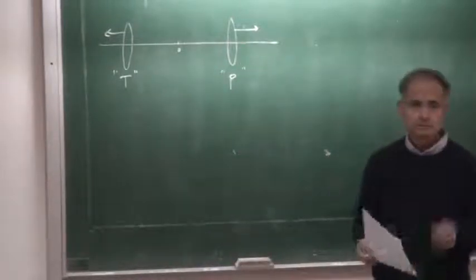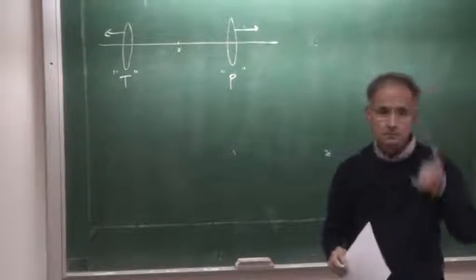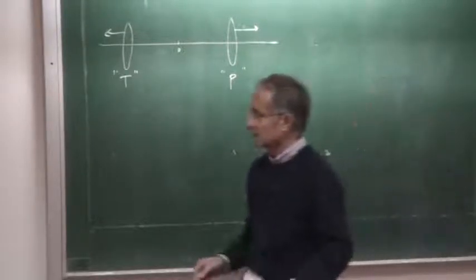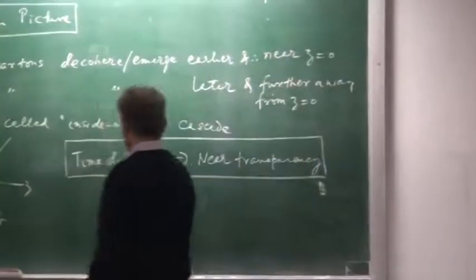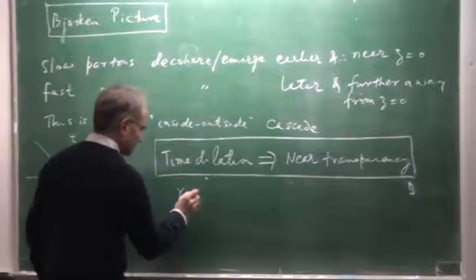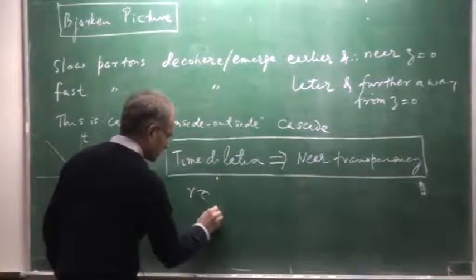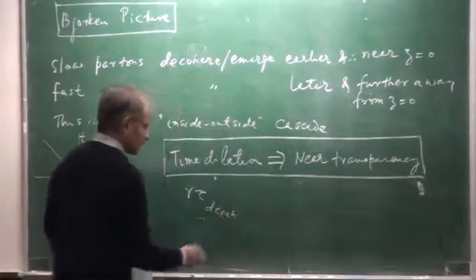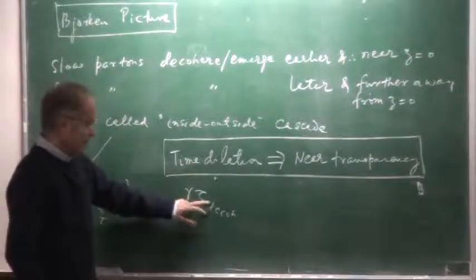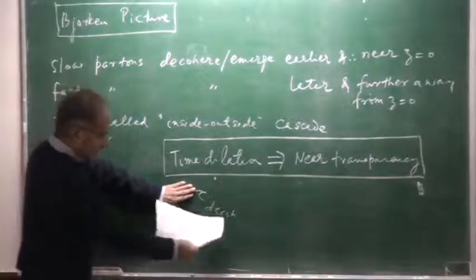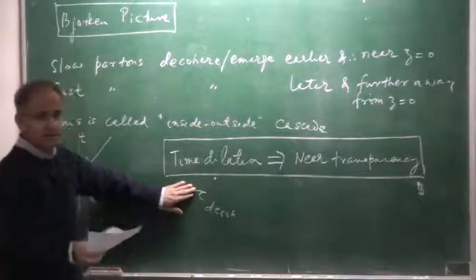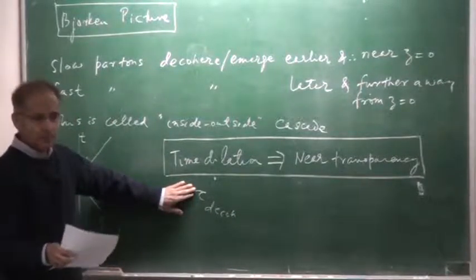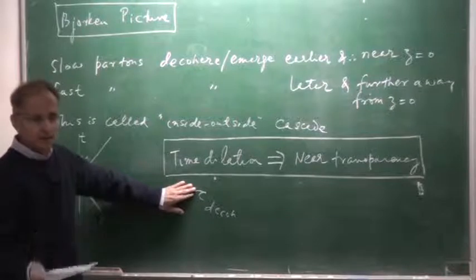What do you mean by time dilation being near transparency? That's what I was explaining, the time dilation factor gamma. The decoherence time, without gamma, is the time for a virtual parton to become a real parton.